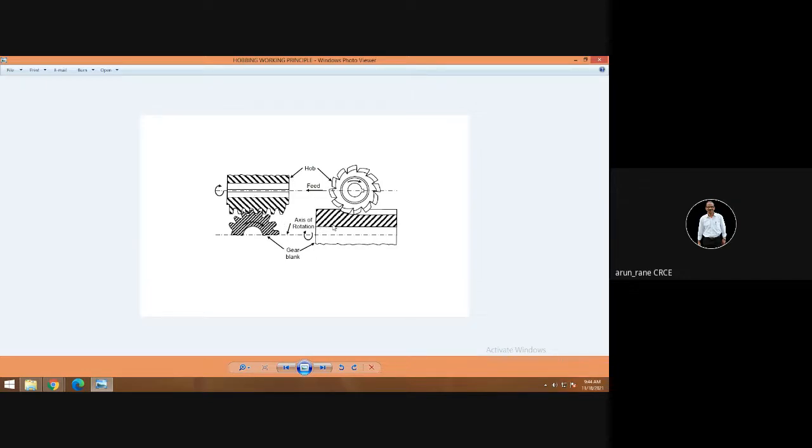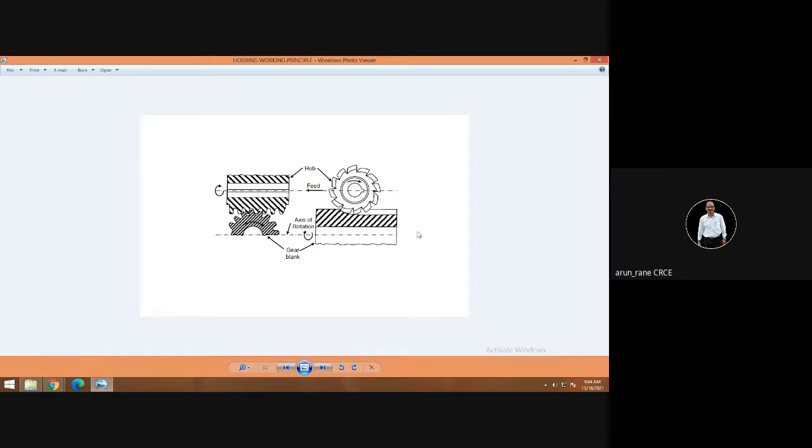If this is 100 mm and you want to calculate the machining time, then you have to take half the diameter of the cutter over here in overshoot, and half the diameter in approach. So if the hob diameter is say 50 mm, you have to take this 25 and this 25.